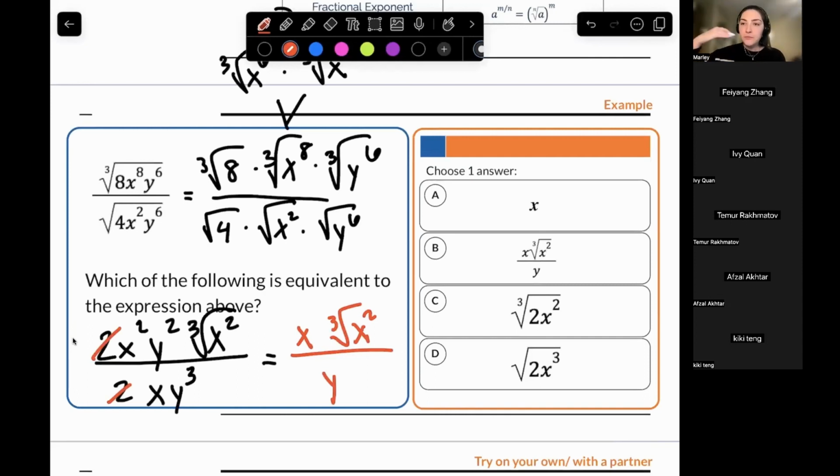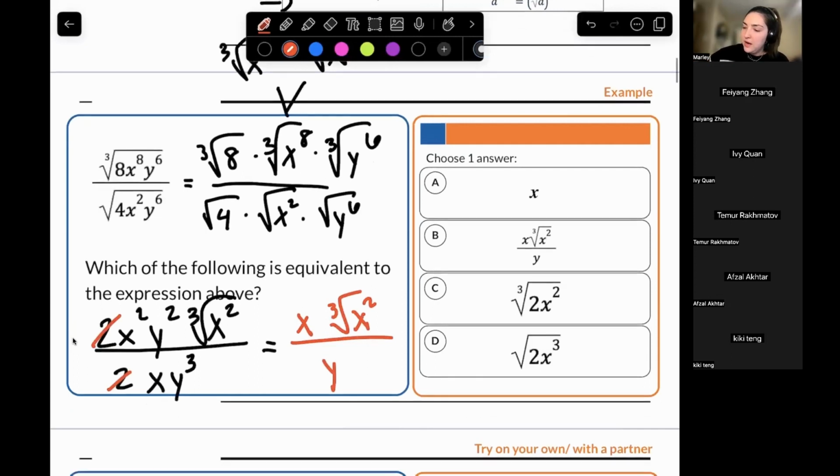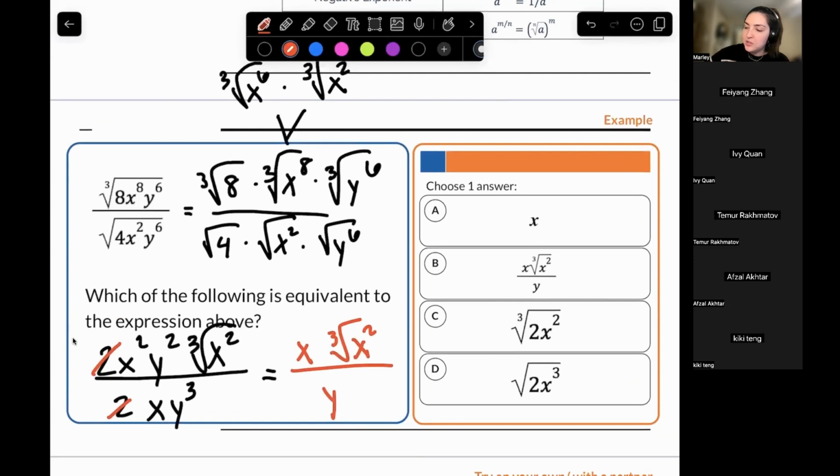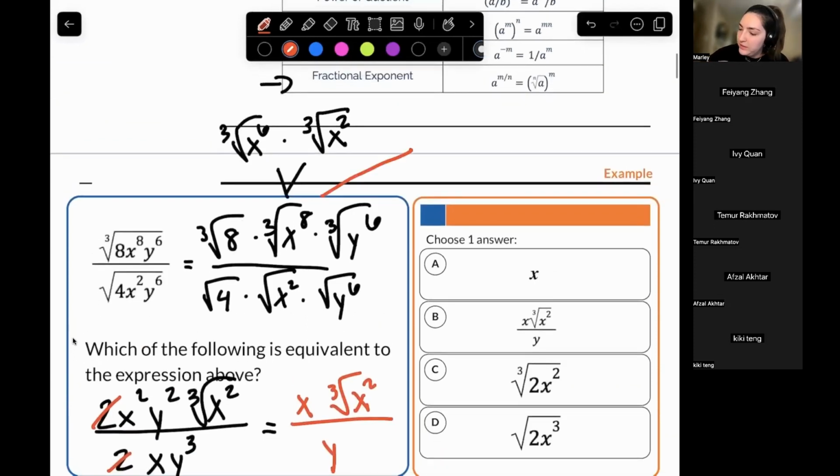If any of these, like using radicals and simplifying those types of expressions, is something that's difficult for you, I like to think about it how we talked about yesterday. Also, for example, x to the 8th to the cubed root can be rewritten as x to the 8th to the 1/3.